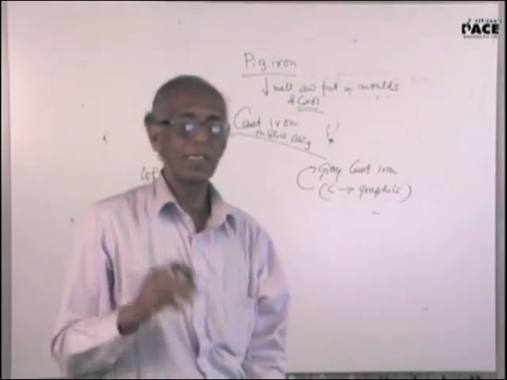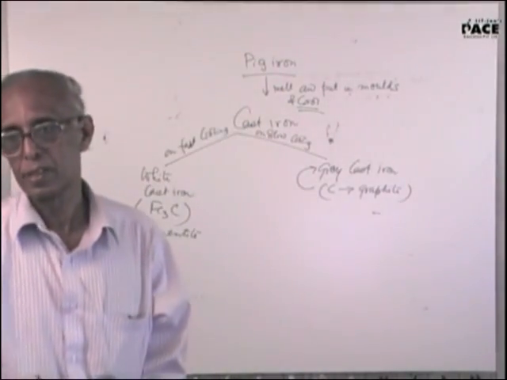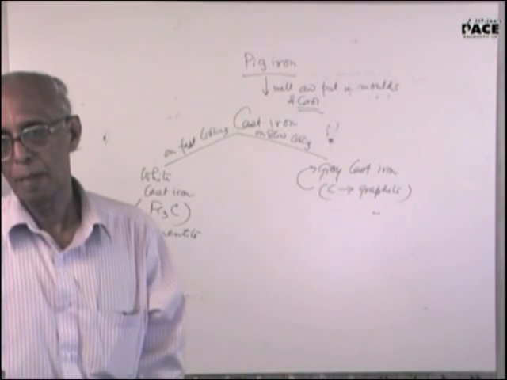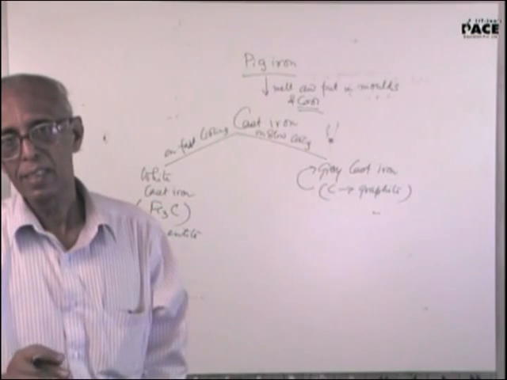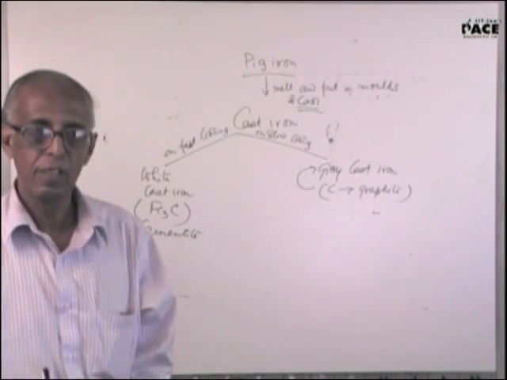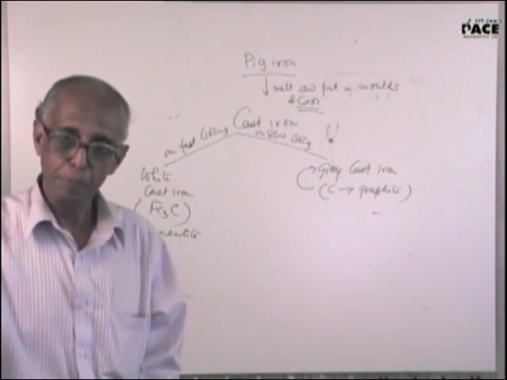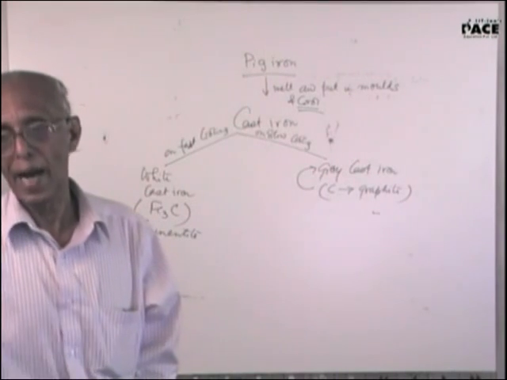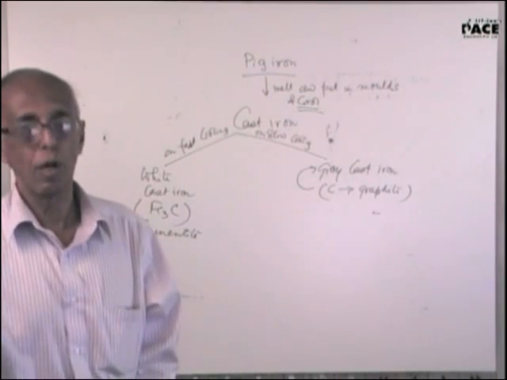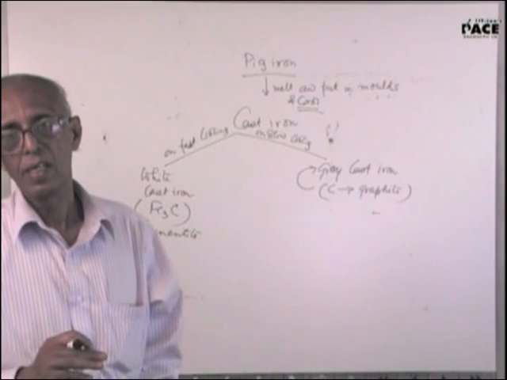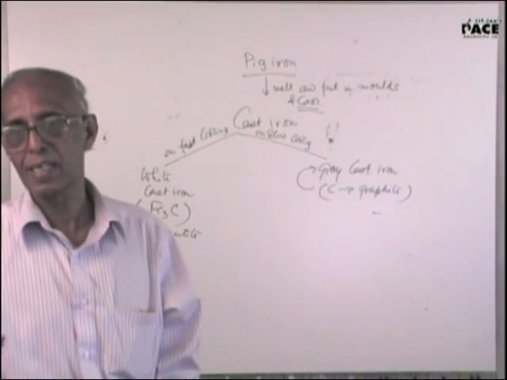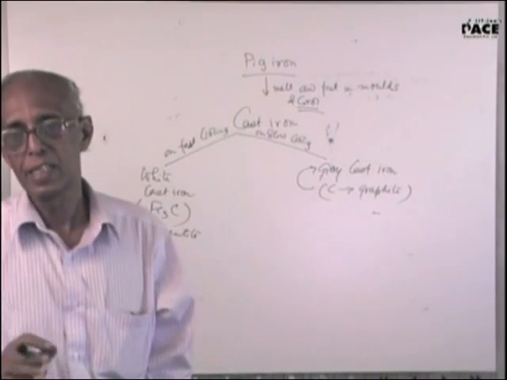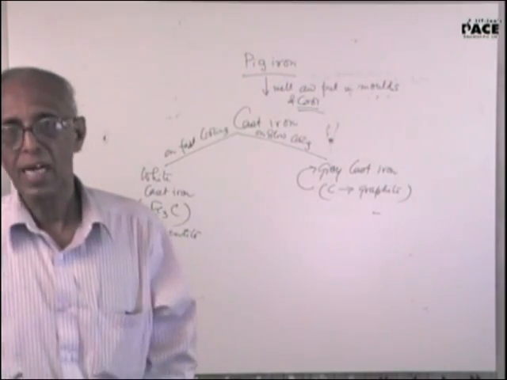So whether you get a white cast iron or a grey cast iron depends upon the rate of cooling.